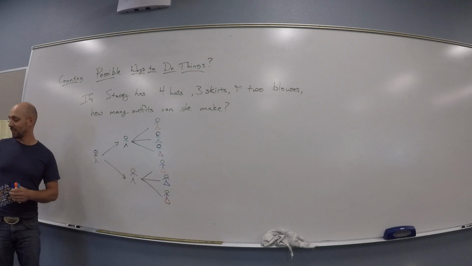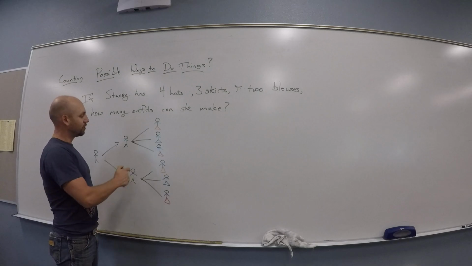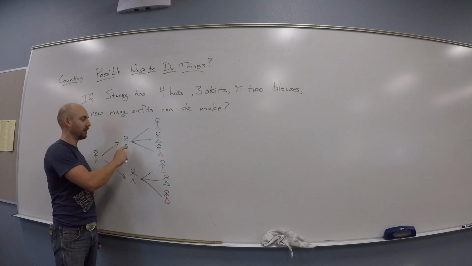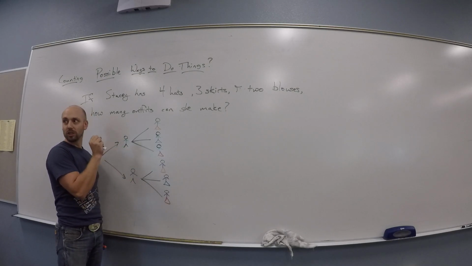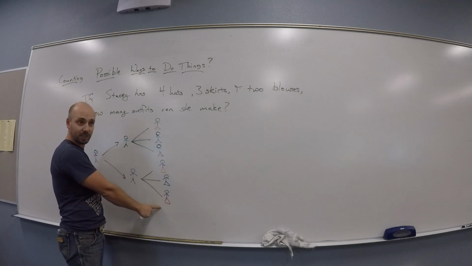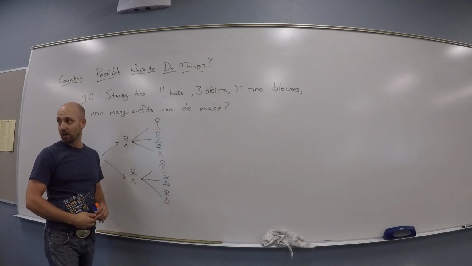Yeah, there's a lot of hat options, right? So, do you guys see what happened? The first choice gave 2 branches, and then from each of those branches there were 3 more branches, for a total here of 6 skirt-blouse combos, right? And then each skirt-blouse combo is going to have a hat choice.